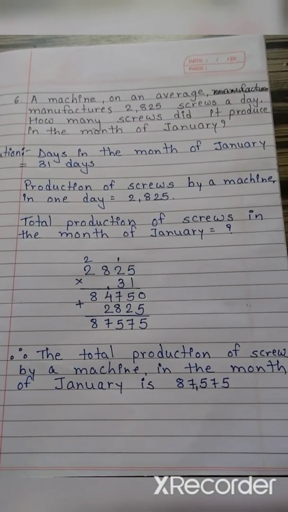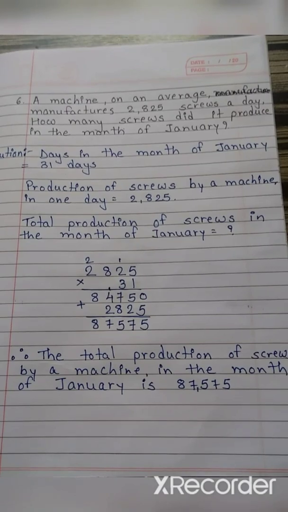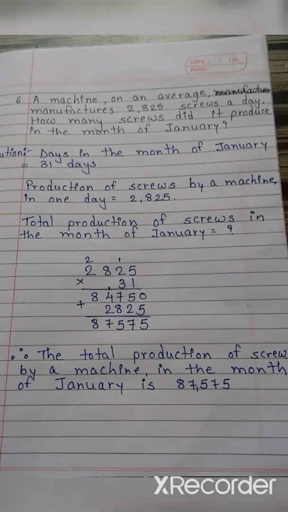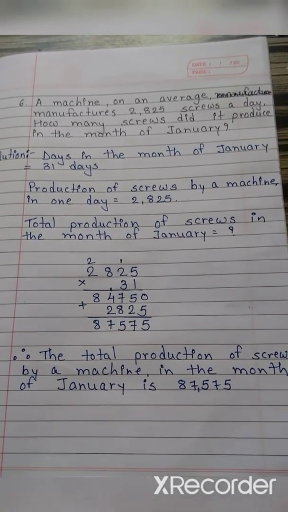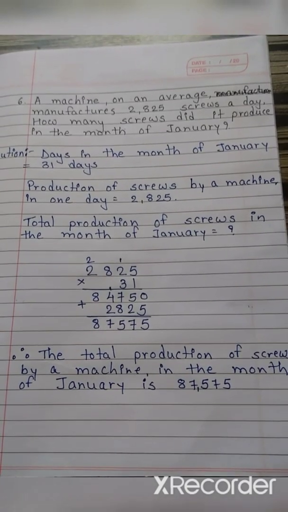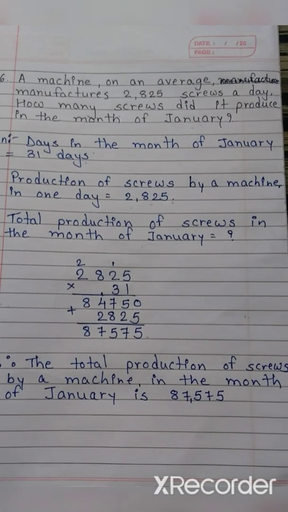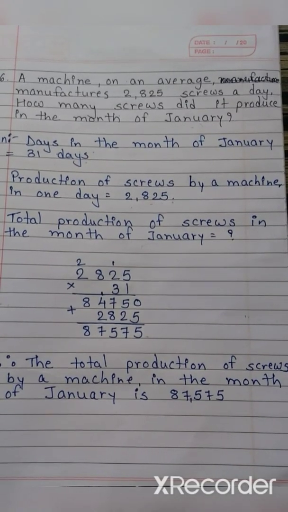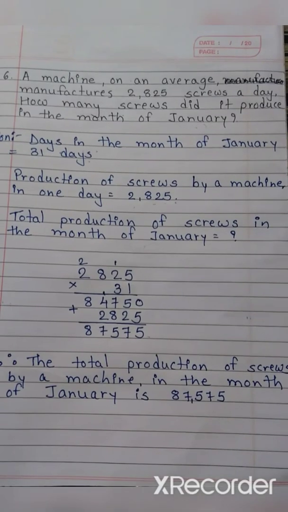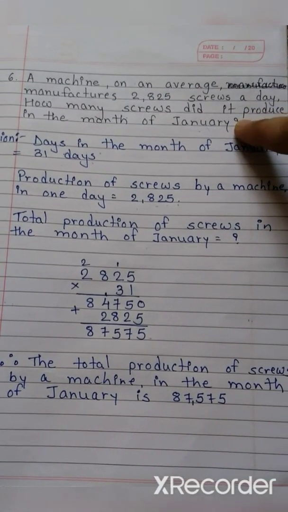Next example. A machine on an average manufactures 2,825 screws a day. That means daily the machine produces 2,825 screws. How many screws did it produce in the month of January? Here we already know the number of screws produced per day. We need to find out the days in the month of January.